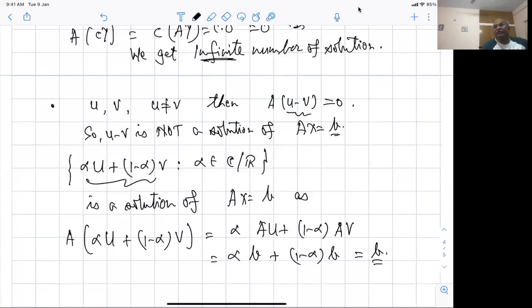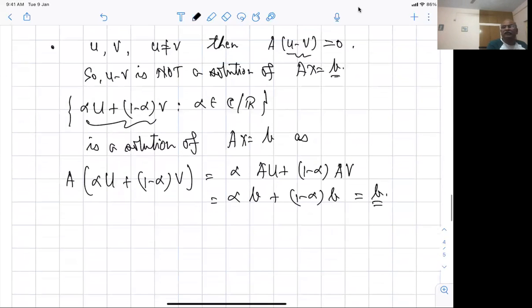So there are an infinite number of solutions of the system. And this represents the line joining the points U and V. U and V are vectors, but they also represent points. Then look at that line, or the position vectors and things like that that you know. So that's important.